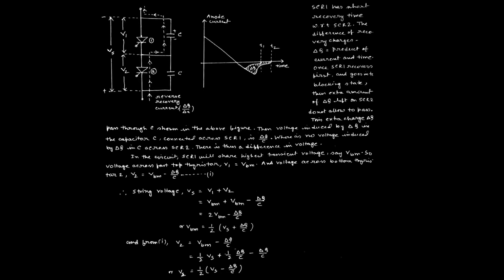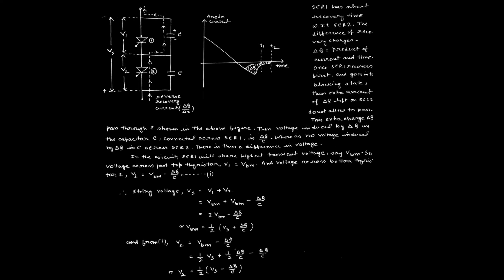Then an extra amount of del Q is left in SCR2, which is not allowed to pass, so these extra charges del Q pass through the circuit which is shown in this figure. That means when SCR1 has recovered first, SCR2 has still not recovered because it has some extra amount of charge that can be defined by del Q.